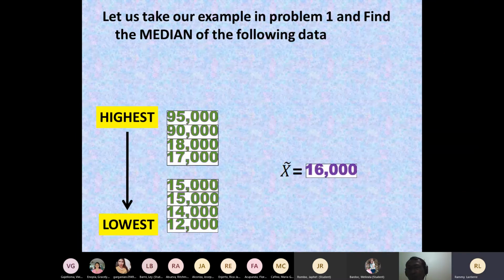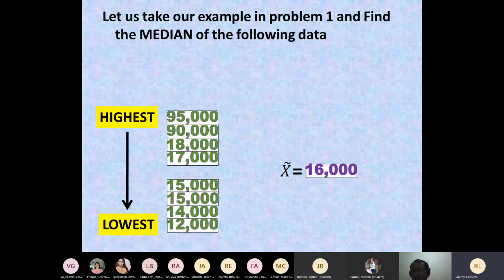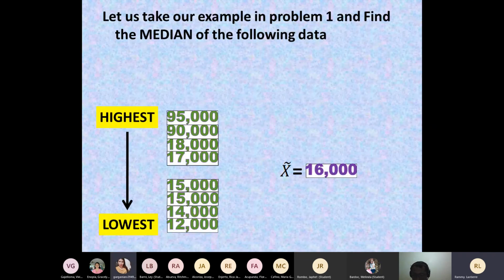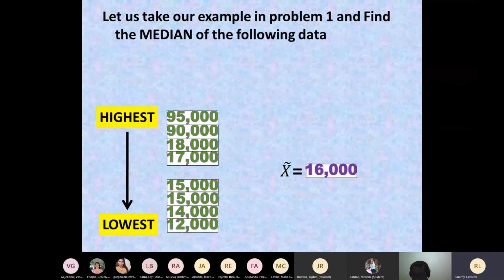Now, what about the symbols for the median? So look at the symbols. Ang symbols ng median, pwede kita kagamit sang X with an approximate symbol sa babaw. But these symbols ma-misinterpret natin.